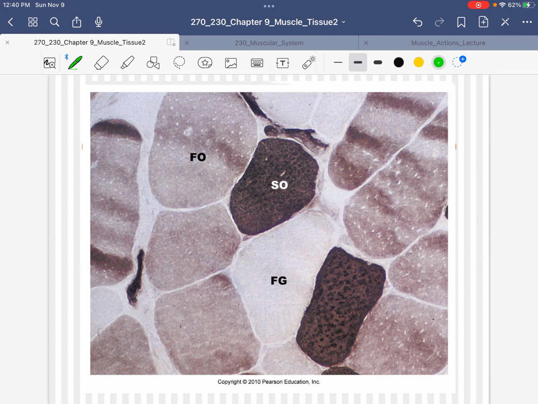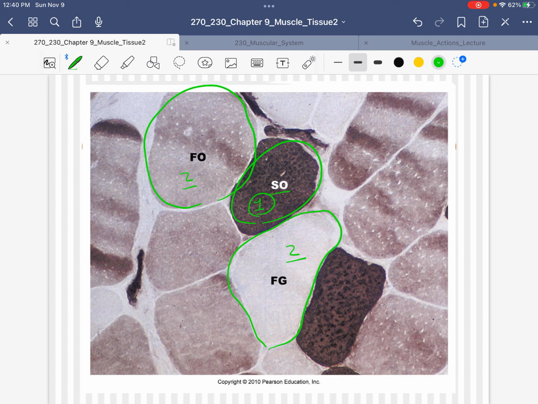We can look at an actual cross-section of the muscle. These are the muscle fibers. That's what we're looking at. When we stain them a certain way, we can see that some are type 1, some are type 2. The slow twitch is type 1. The fast twitch is type 2.